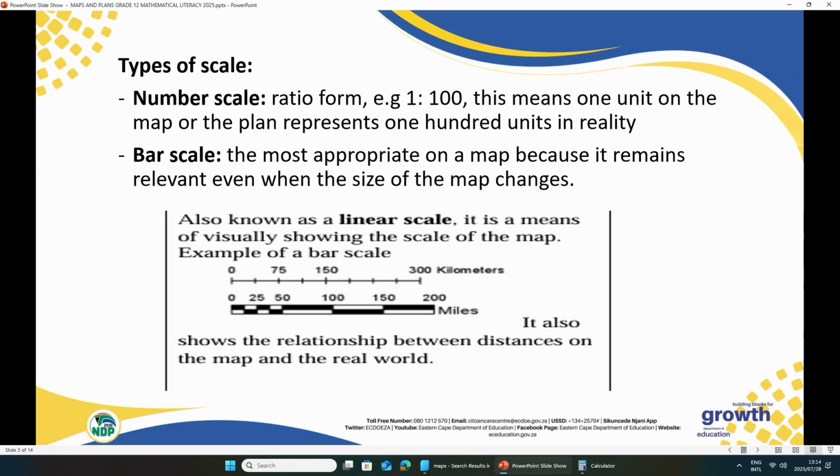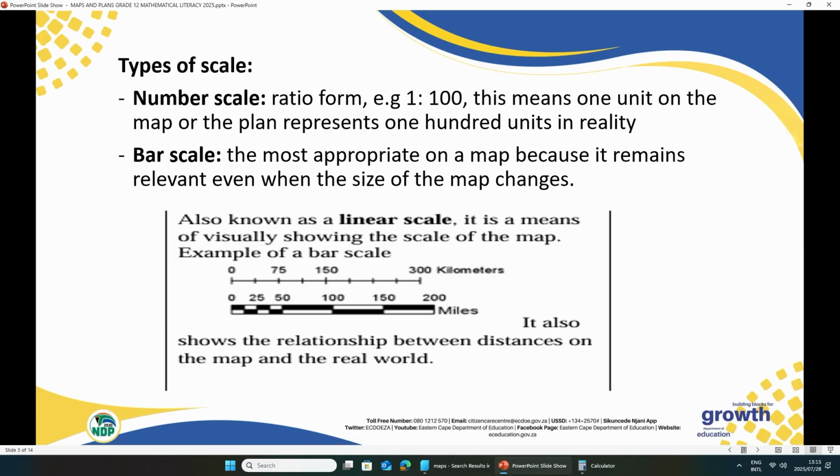If you look at the slide here, I've shown you two different types of the bar scale. This shows the relationship between distance and the map. In other words, what are we using it for? If we measure the distance between two places on the map, we also measure the length of our bar. In this case, if we measure the length of the bar, let's say it comes out to be 1, 2, 3, 4, 5, 6, 7, 8 centimeters.